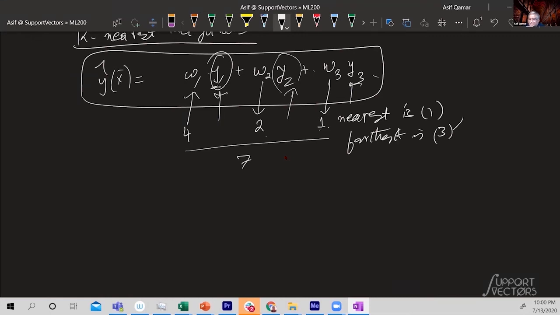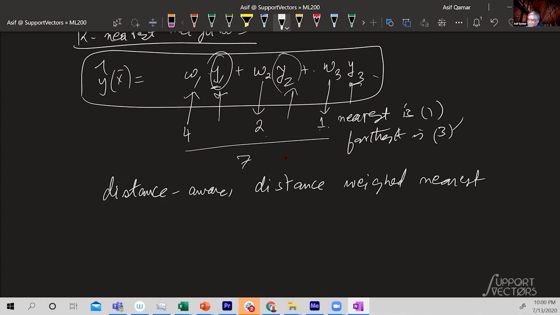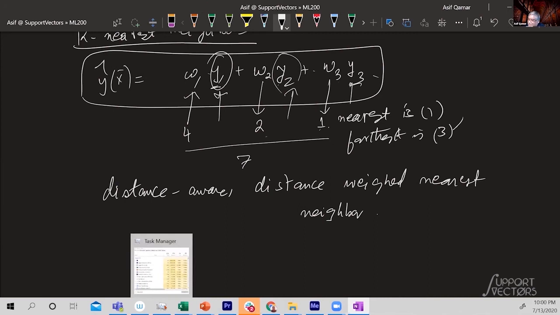So when you do that, what you're doing is a distance aware or distance weighted K nearest neighbor. K is still there, how many neighbors you take.